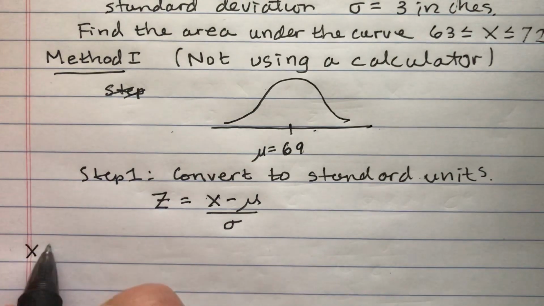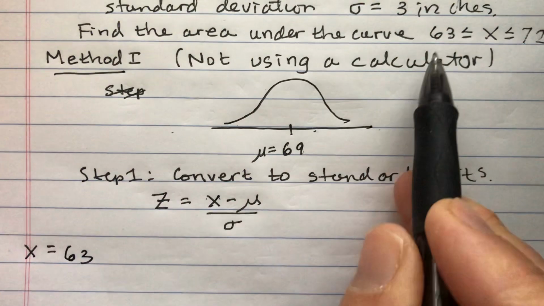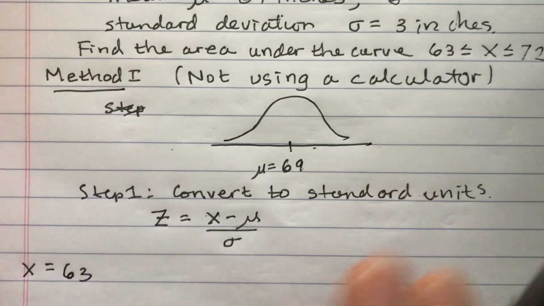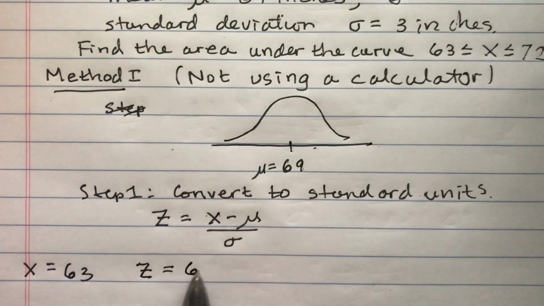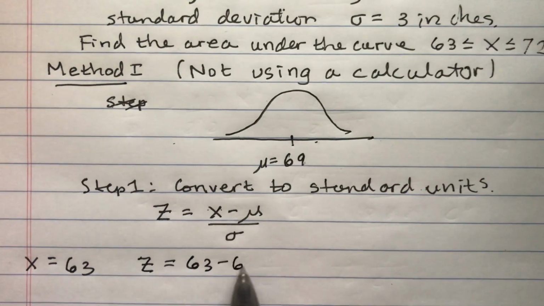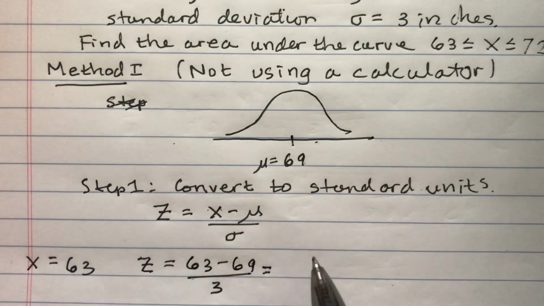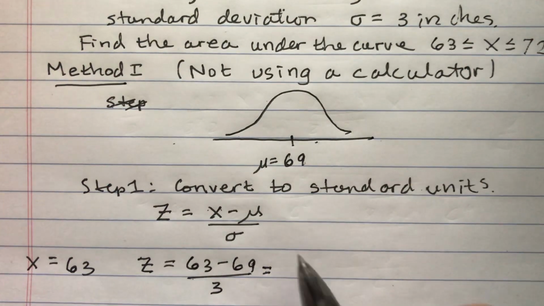But if I have x equals 63, which is this left endpoint, then I have z equals x, which is 63 minus mu. Mu is the mean, 69, divided by 3, which is the standard deviation. And this will express this interval in standard units.